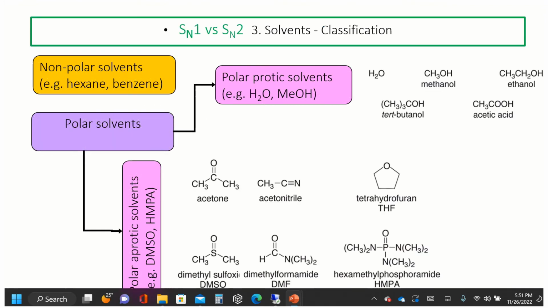As far as solvents are concerned, there are classifications that we have to look at. We have polar solvents that are protic, and these include the alcohols and even organic acids. Note that a protic environment means that we have a labile proton, a hydrogen that is easily removed.